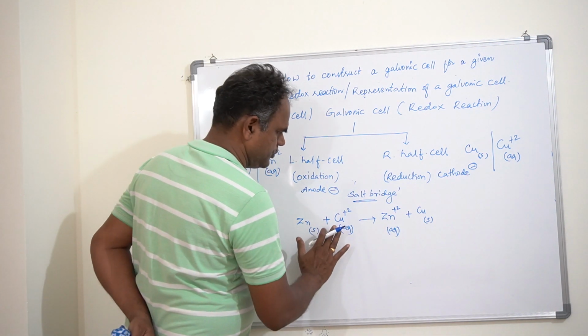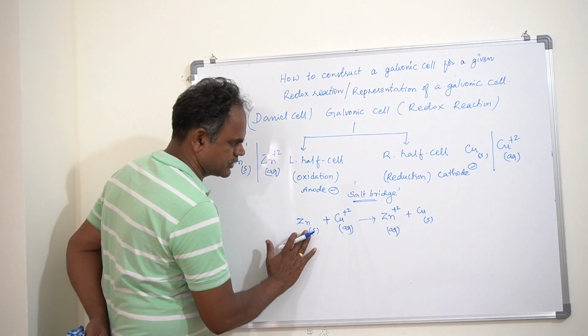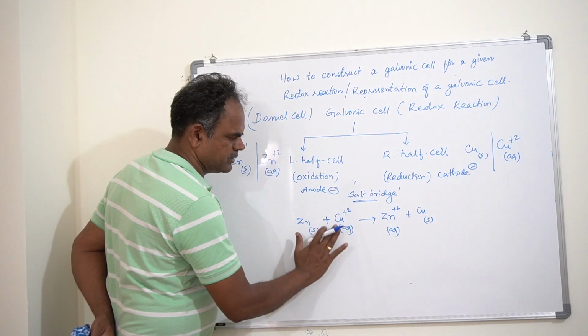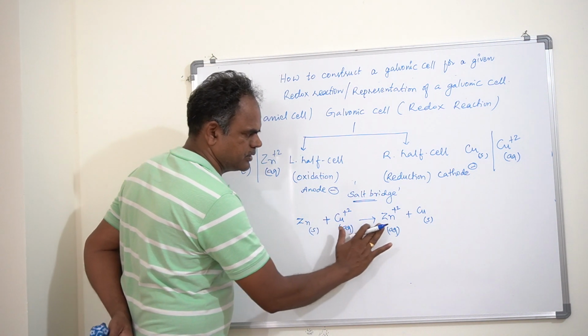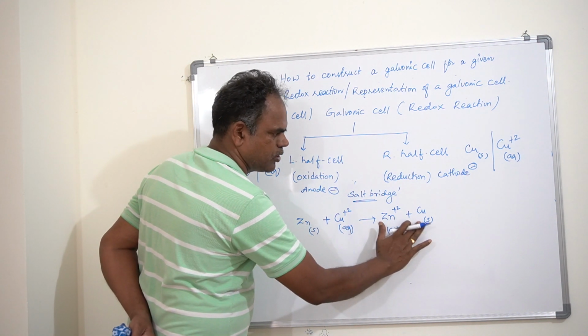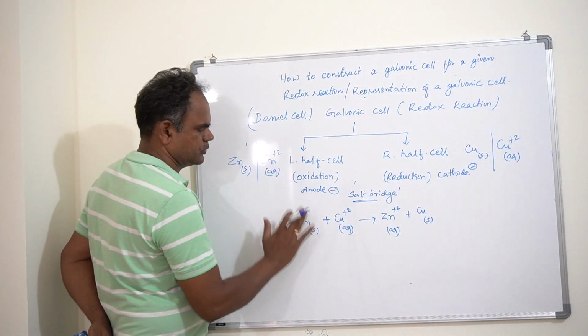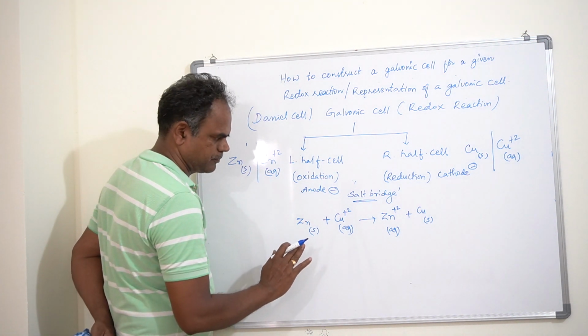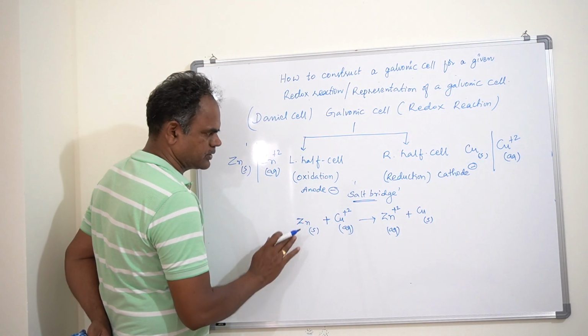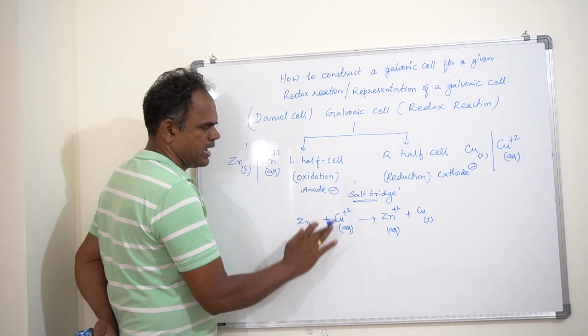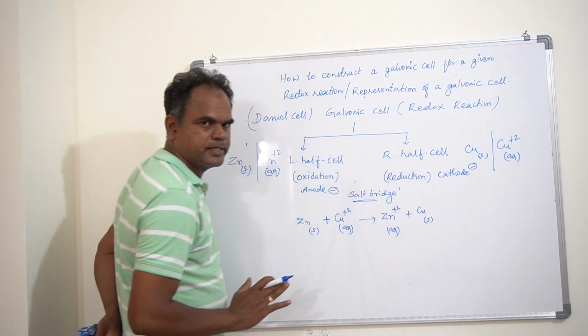If you observe this typical redox reaction, zinc metal placed in copper sulfate solution, we get zinc sulfate and copper metal. In this reaction, we divide it into two half cell reactions. One is the oxidation half cell reaction, and the other is the reduction half cell reaction.